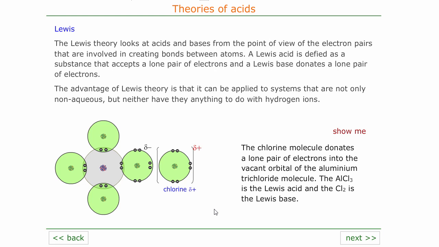So the advantage of Lewis theory is that we can apply it to systems that are non-aqueous and don't have anything to do with hydrogen ions. This means that anything that donates an electron pair in a reaction can be considered to be a Lewis base. So, for example, when ligands attach to transition metal ions, the ligands themselves are Lewis bases and the transition metal is a Lewis acid.